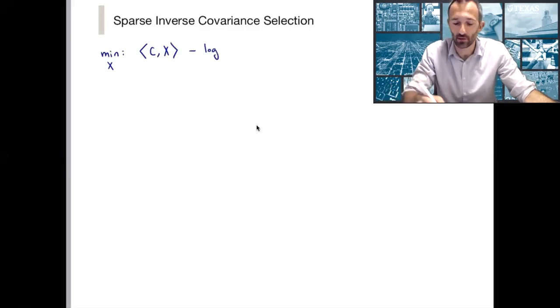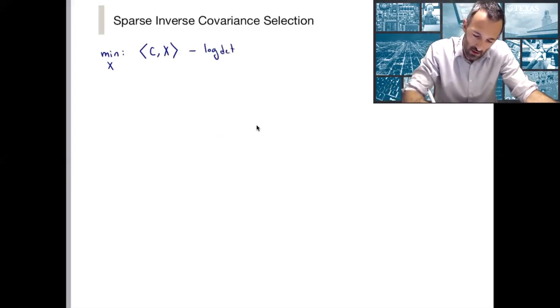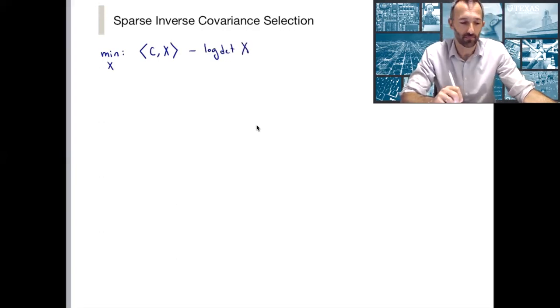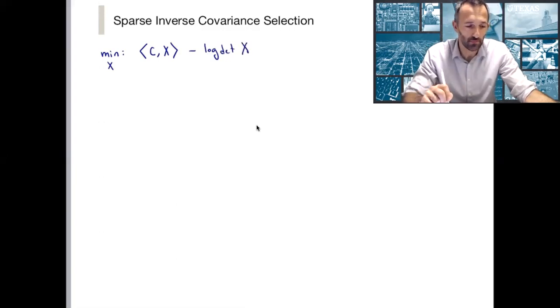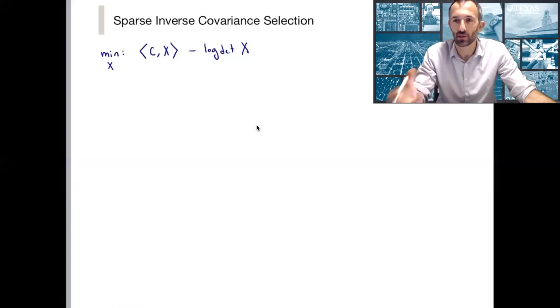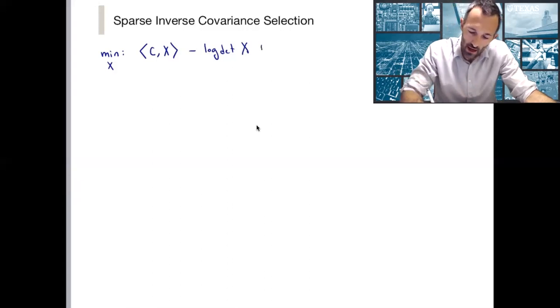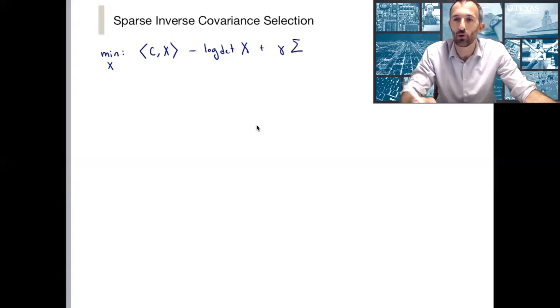Rather than adding it as a constraint, I'll put it in the objective function. Covariance matrices and their inverses are, of course, symmetric and positive semi-definite. And I want to encourage sparsity, and I'll do that with an L1 penalty. Gamma is a regularization coefficient, and this is basically the L1 norm on a matrix.